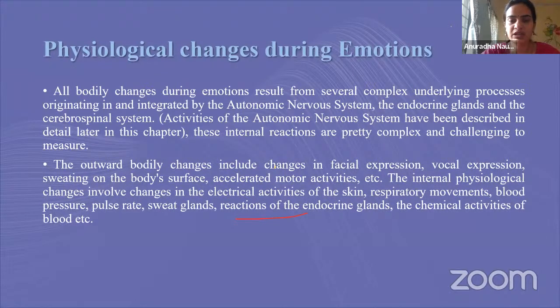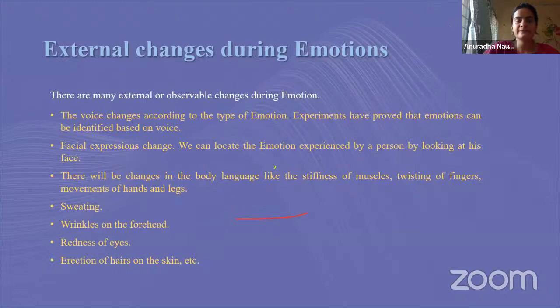The internal can be electrical activities of the skin, or how the alveoli are expanding or contracting in the lungs, or the pulse rate is increasing or decreasing. So these are basic outward and inward expressions of emotions that are happening in all our bodies at all times. So external changes during emotions.